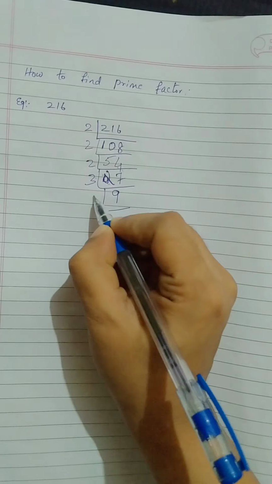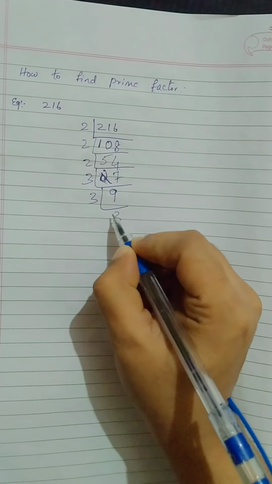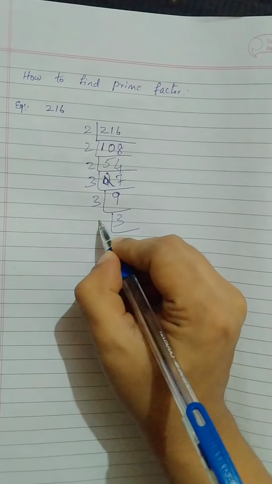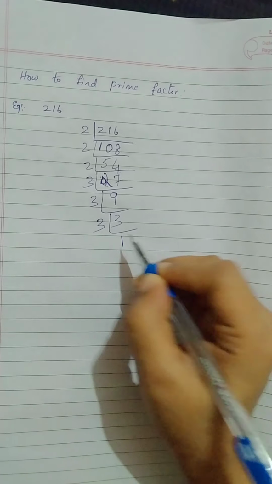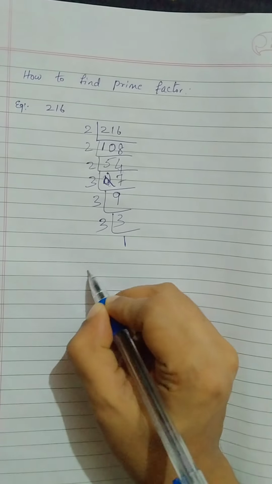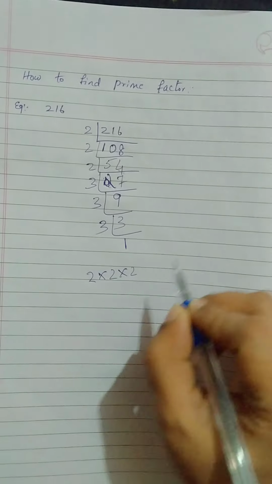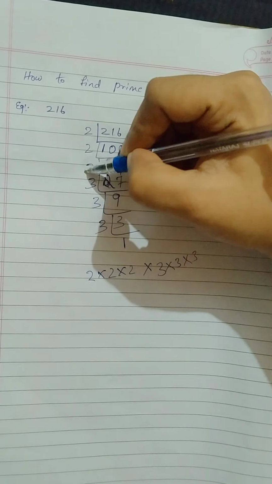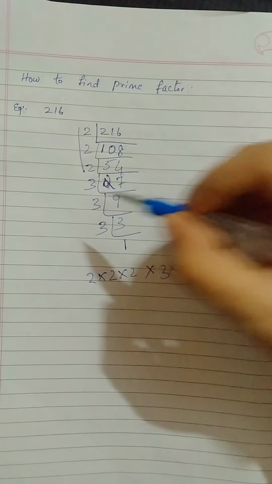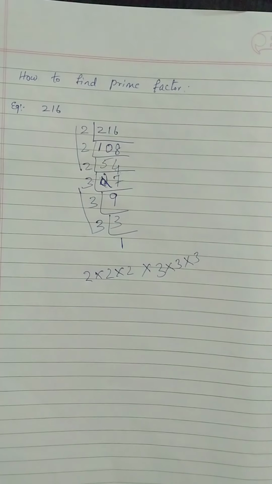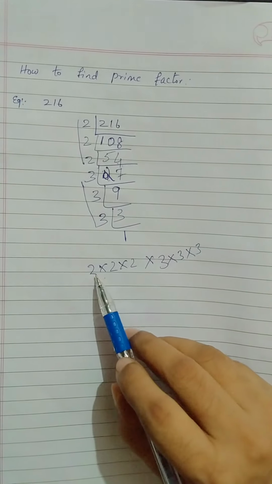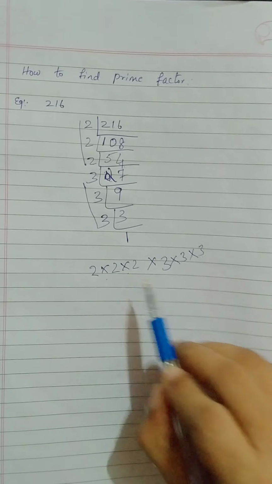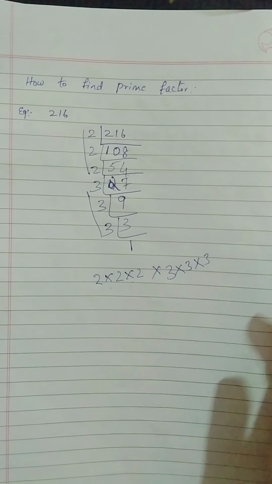Now in 9, how many times will 3 go? 3 times. And 3 will go in 3 1 time. So now we got 2 into 2 into 2 into 3 into 3 into 3. Means here you can see, this is a cube, this is also a cube. So 2 numbers we got.